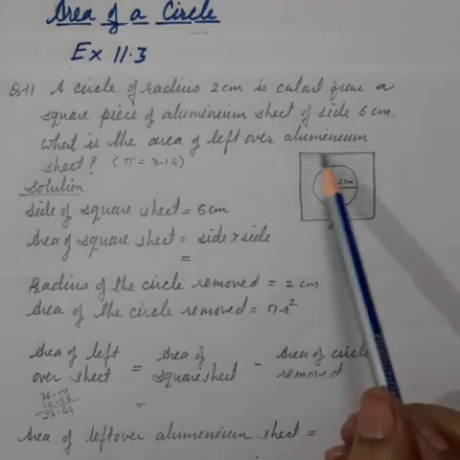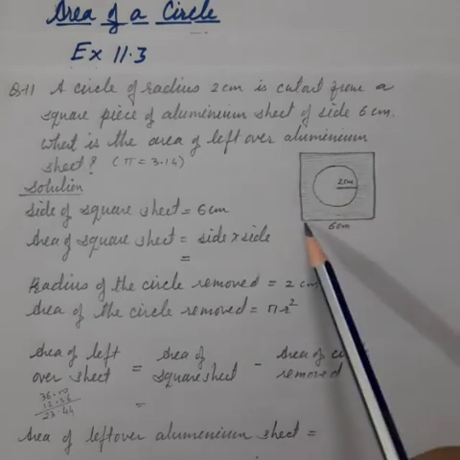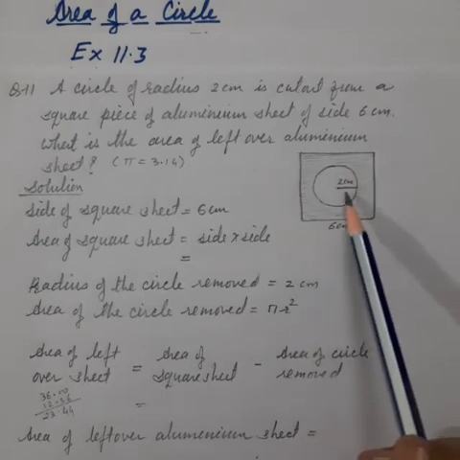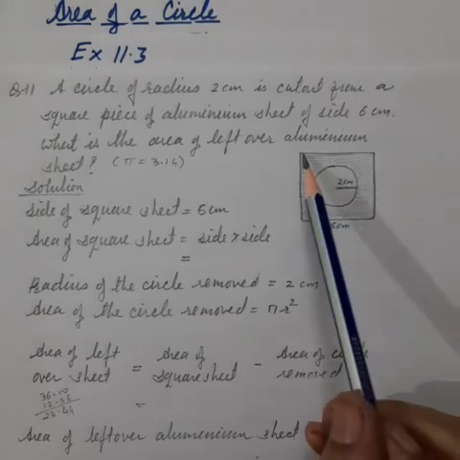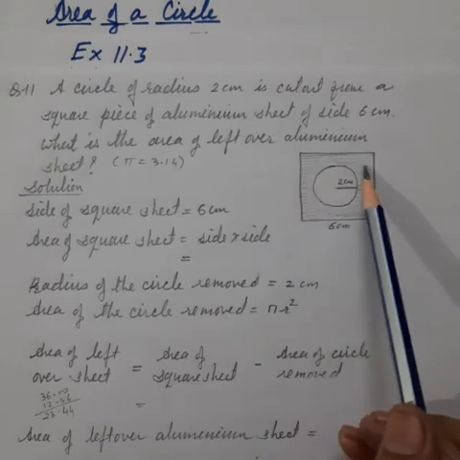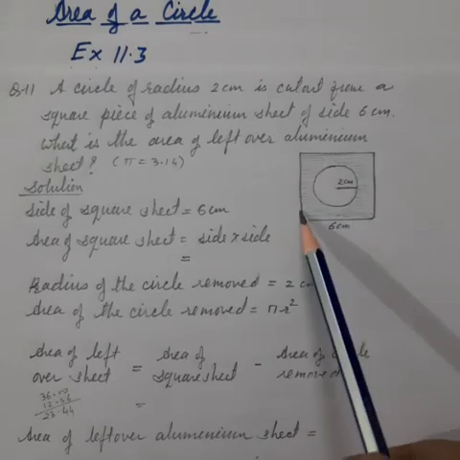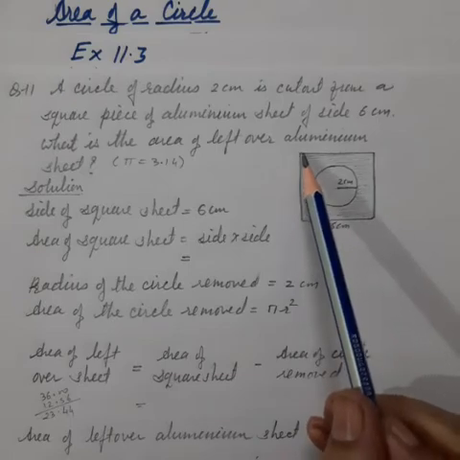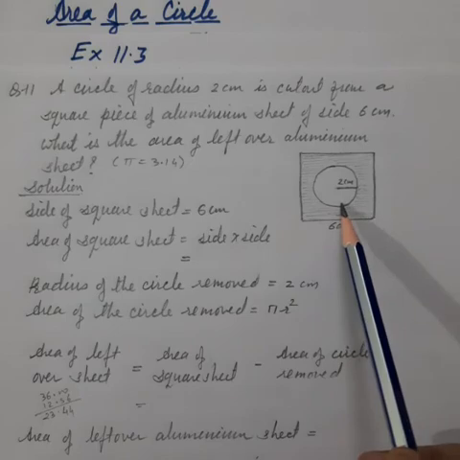Here, from a square piece of aluminium sheet of side 6 cm, a circle of radius 2 cm is removed, and we have to find out this leftover area of aluminium sheet. For that, first we have to find out the area of the square piece of aluminium sheet, and from that we have to subtract the area of this circle.